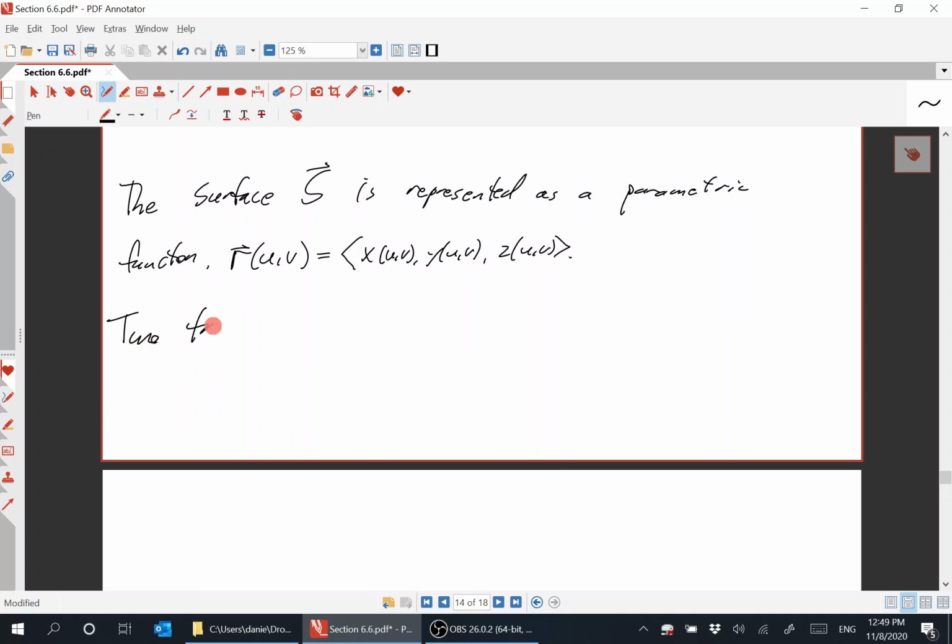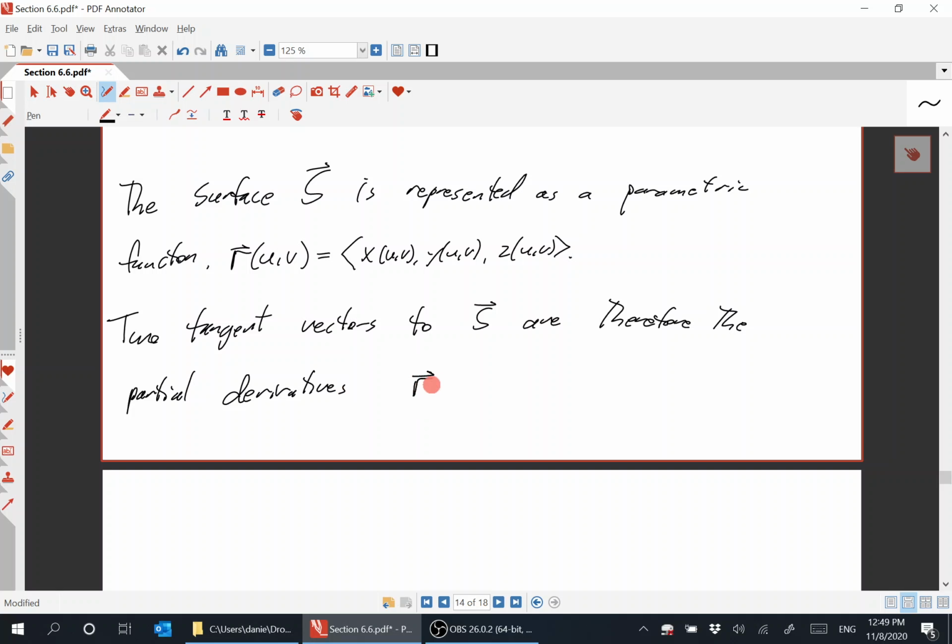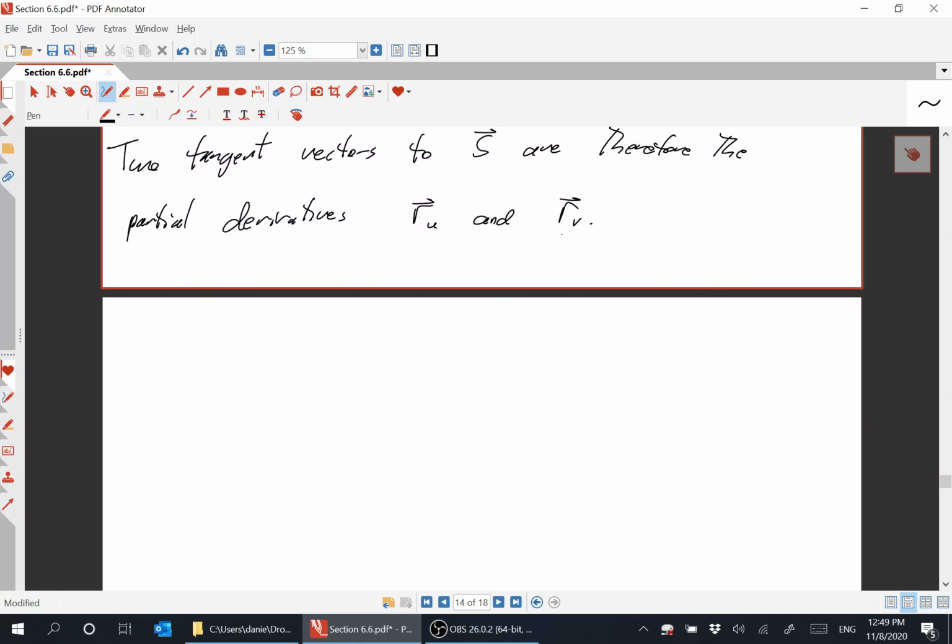So two tangents are therefore the partial derivatives: r_u, the partial derivative of r with respect to u, and r_v, the partial derivative of r with respect to v.